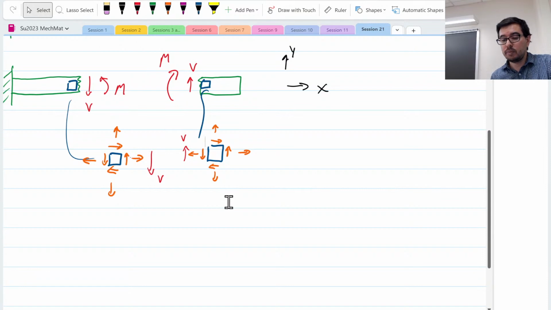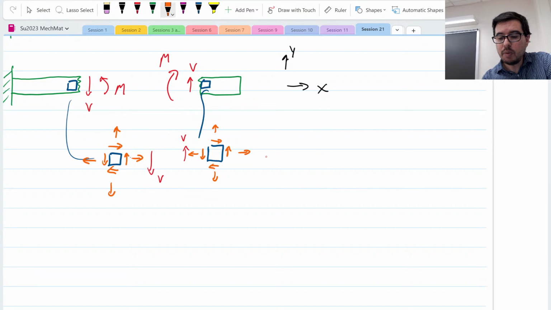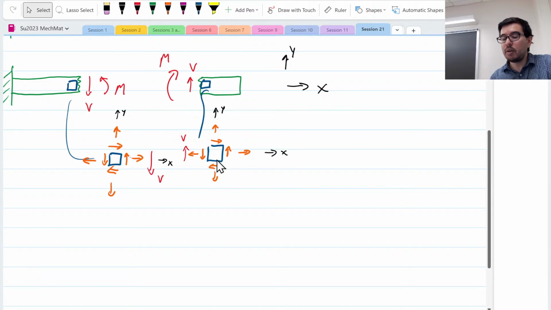Why is it going down there? In the right, like it's positive. Which one? Why is this going down? Well, if I'm still using this reference frame over here, where this is x and this is y, then this is how I draw the element.